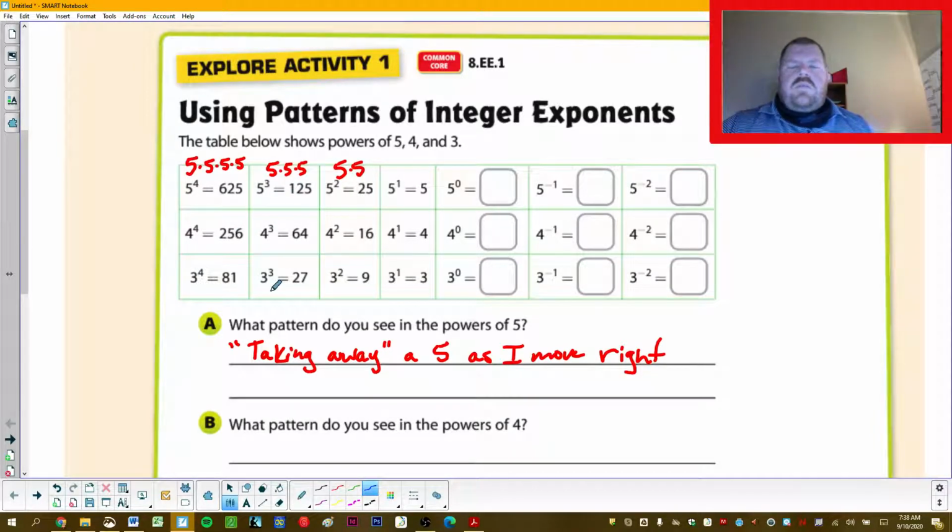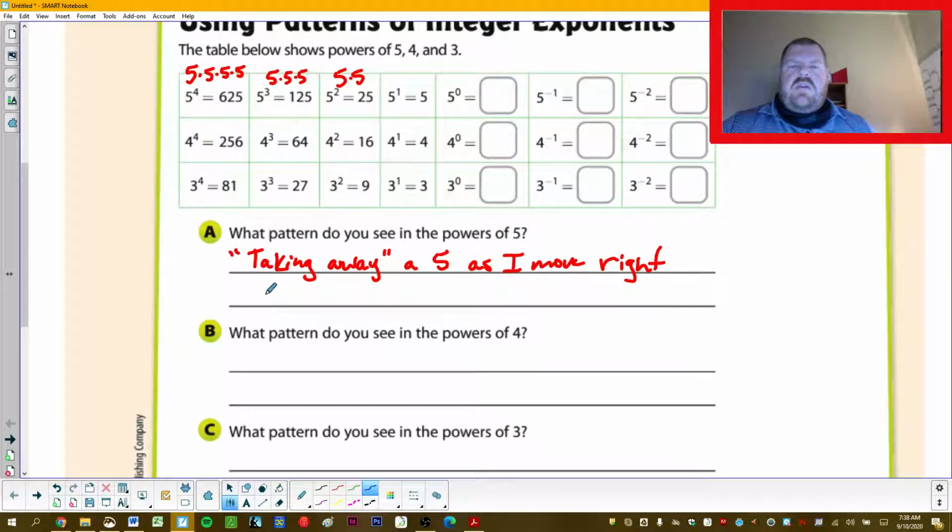The next one says, what pattern do you see with the 4s and the same thing with the 3s? Again, I know that 4 to the first power just means I have one 4 there. 4 to the second means I have 4 times 4. 4 to the third is 4 times 4 times 4. And 4 to the 4th, I have four 4s.